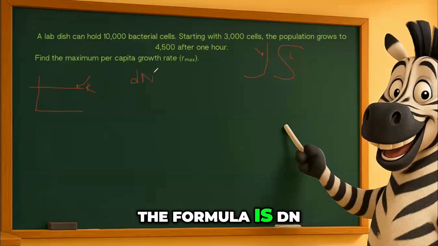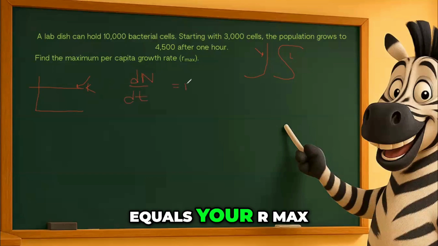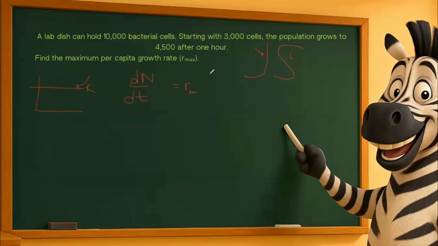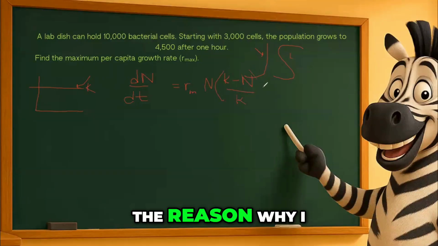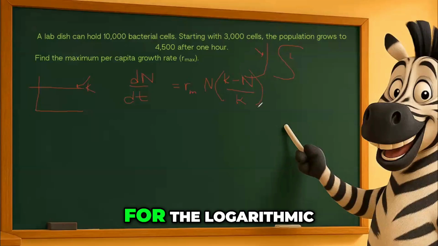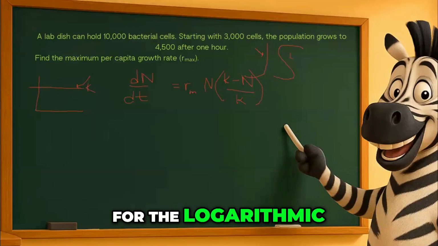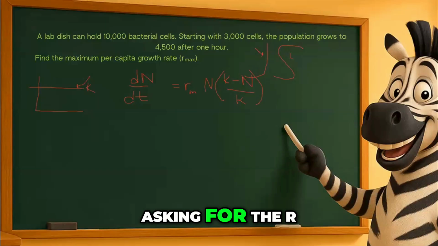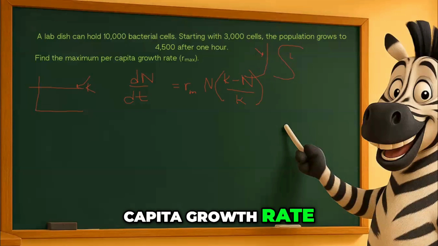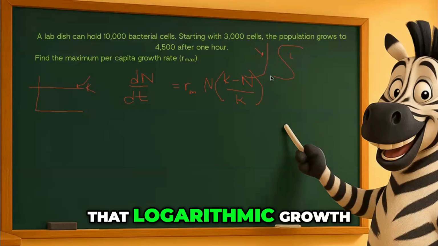Remember, the formula is dN over dt equals your R max times your N, and then you have K minus N over K. The reason why I know that I'm looking for the logarithmic growth is because they're asking for the R max, essentially the maximum per capita growth rate, and that's affiliated with that logarithmic growth, right?